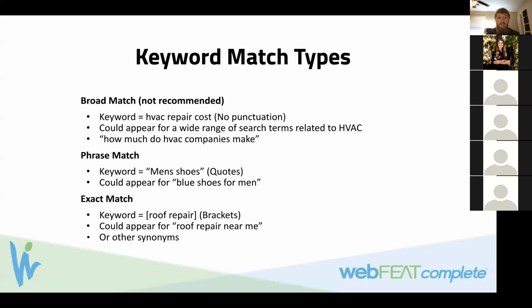And exact match just gets even more targeted. If you're bidding on roof repair, your ad might show for roof repair near me, but it will be very similar to the actual keyword. And I know that can be kind of confusing. There's a lot of information on the web, and a lot of it just kind of comes with experience and just using the Google Ads platform more often.